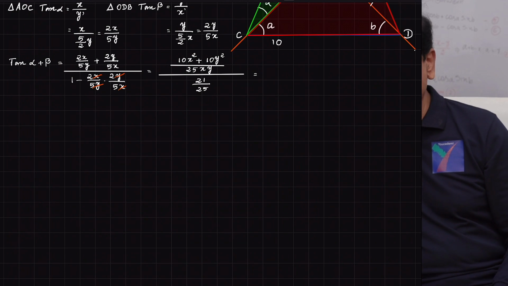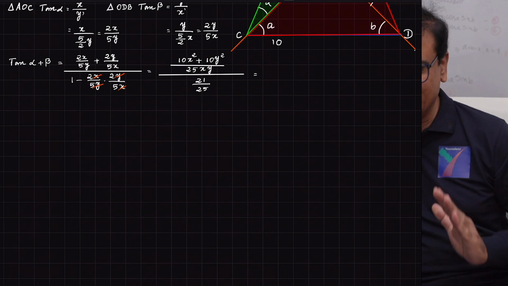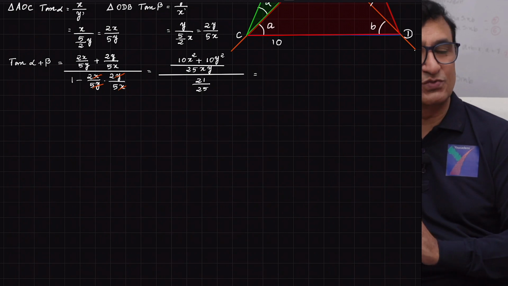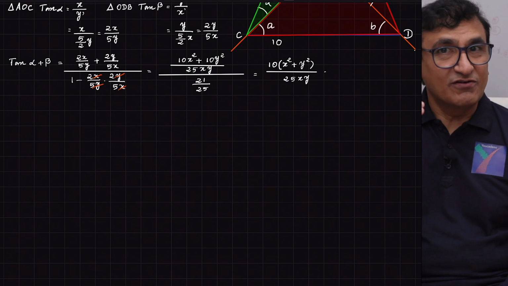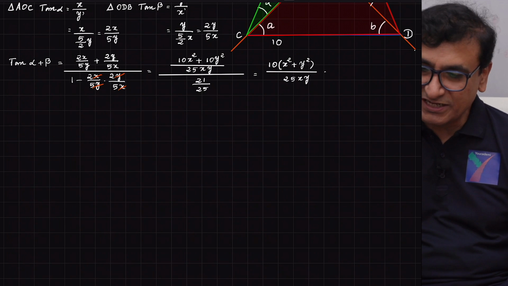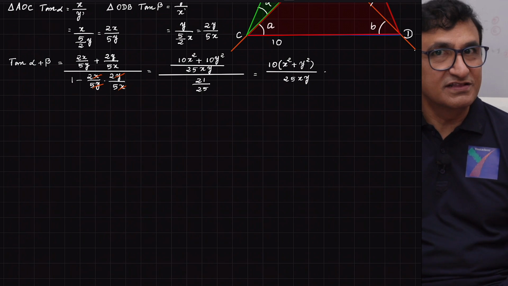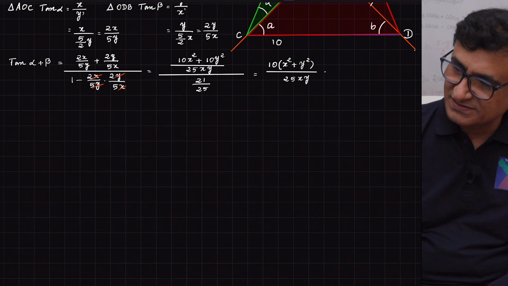So this can be written as, in the numerator I can factor out 10 and write it as 10 times x squared plus y squared. We have 21 over 25 in the denominator, so we can multiply this whole thing with the reciprocal, that is 25 over 21, correct?